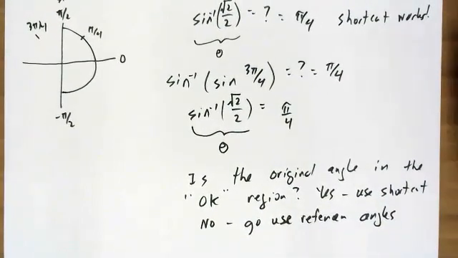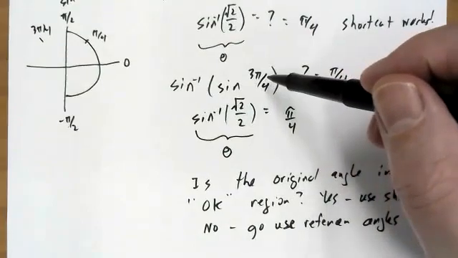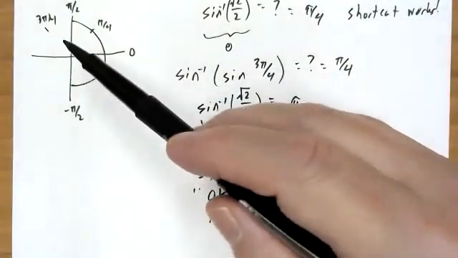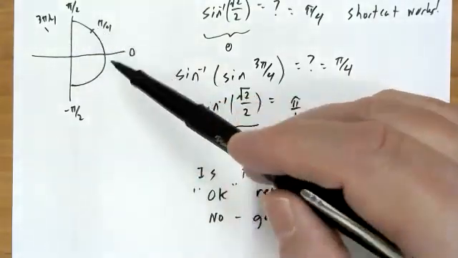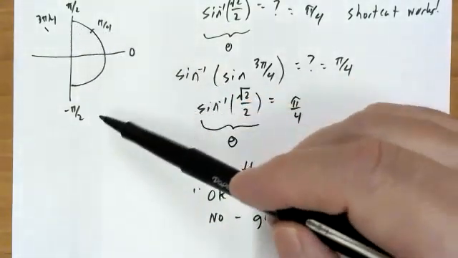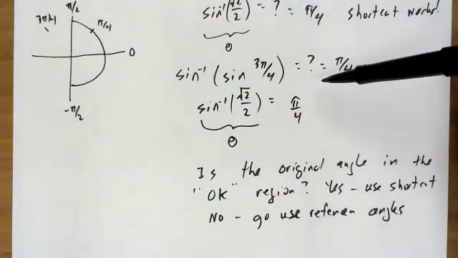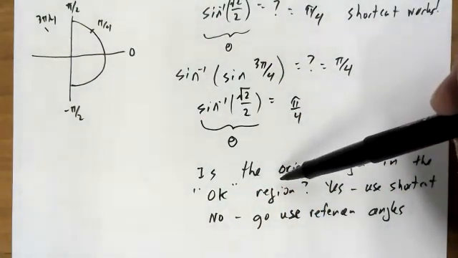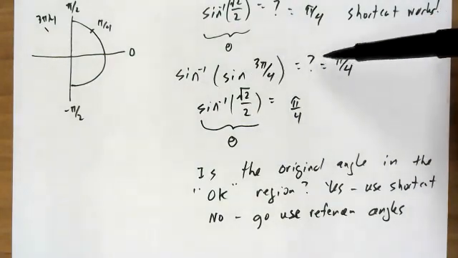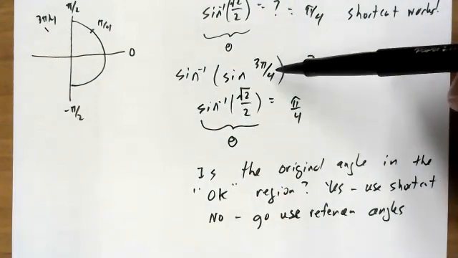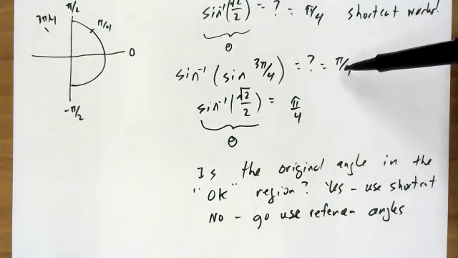So first of all, our check. For this problem, my original angle is 3 pi over 4. I realize 3 pi over 4 is over here. It's not in my inverse sine region. So the answer is no, you cannot use a shortcut. And you can see here when we did this problem the long way, the shortcut would not have worked because the answer is pi over 4.